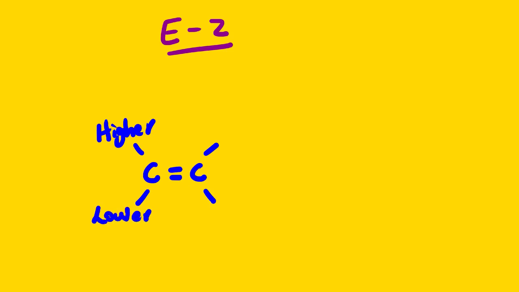We look at the second carbon: the higher is also on top, and the lower is here. As you can see, this will be the zusammen, which will be Z.